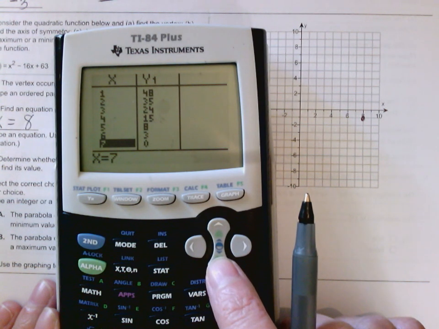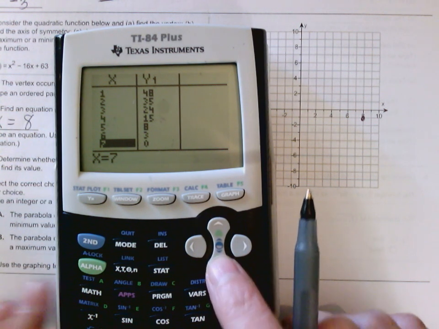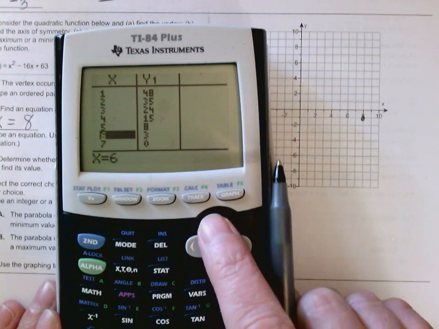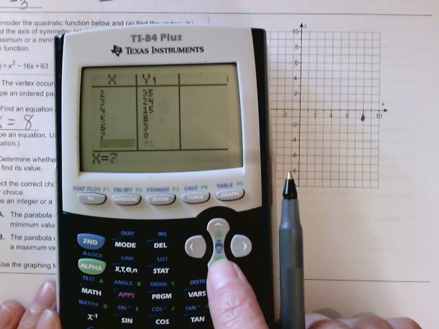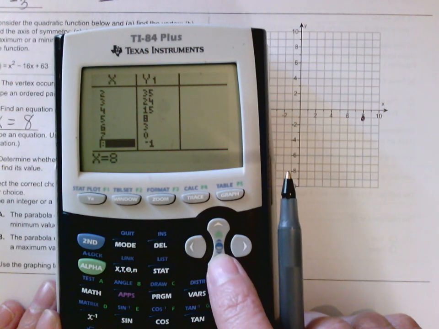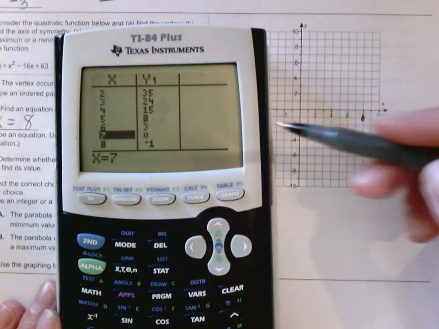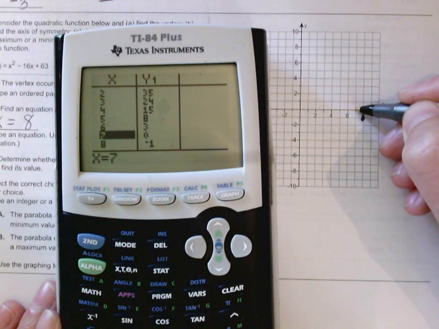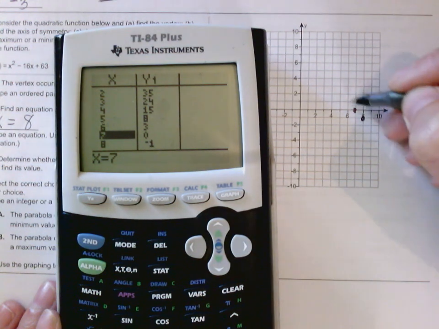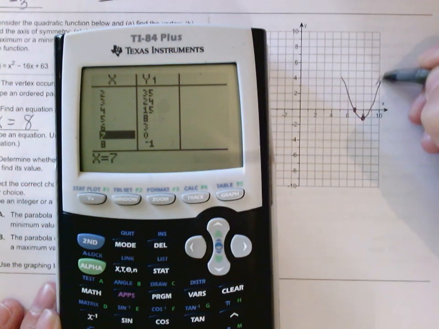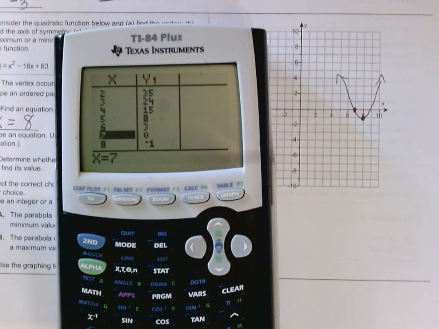There's a point at 7, 0, there's a point at 6, 3, there's a point at 5, 8. I can plot any of these points. Let's say I plotted the 7, 0, which would be right here. Once you plot that, it's going to automatically draw the parabola in MyLabs Plus for you.